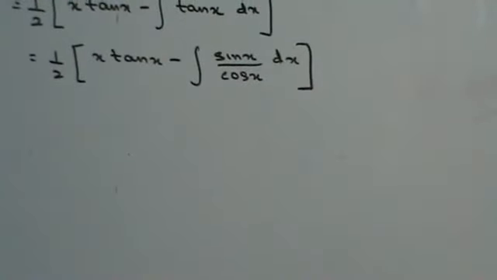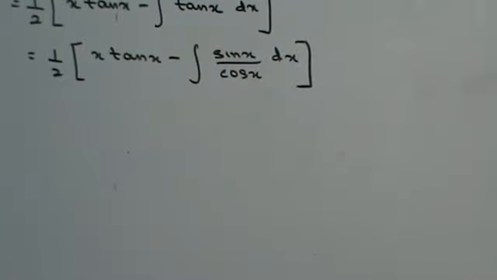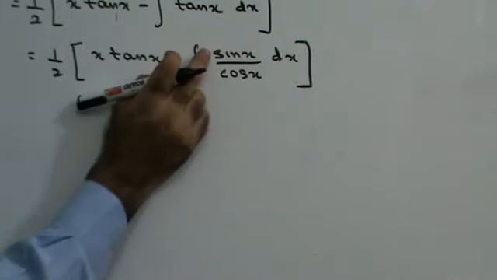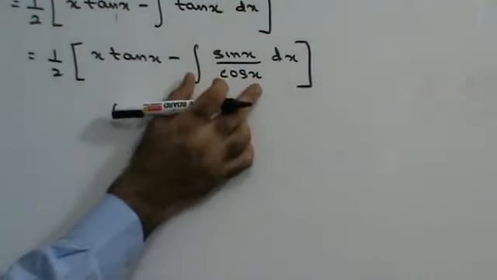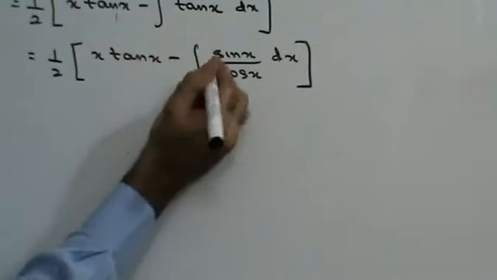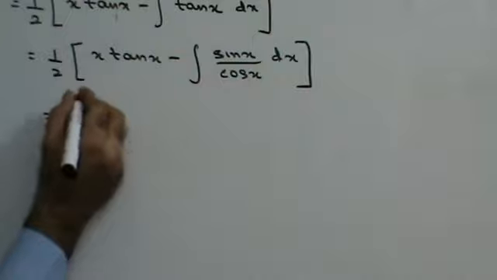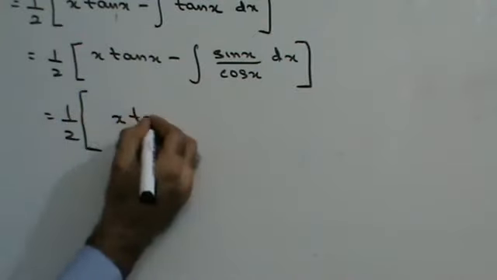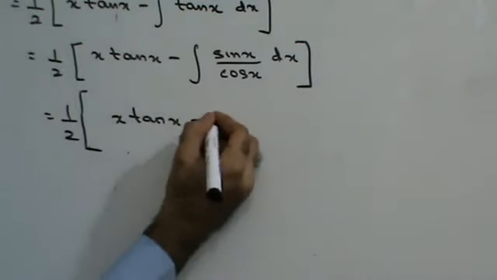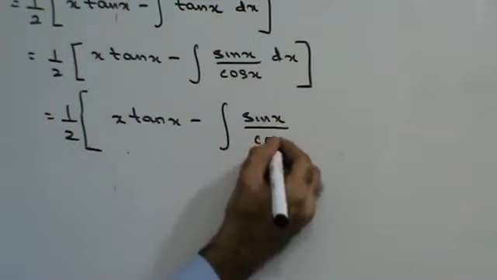Now d by dx of cos x is nothing but minus sin x. I am going to make the term in the numerator the derivative of the term in the denominator. So this is x tan x minus integral of sin x upon cos x dx.